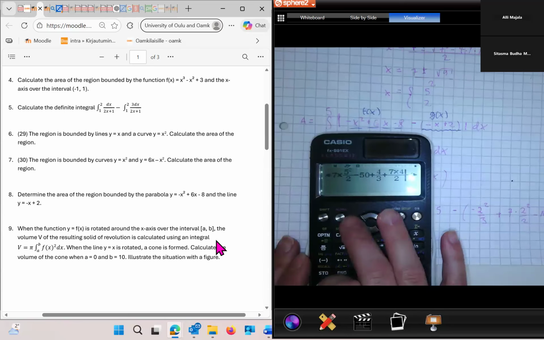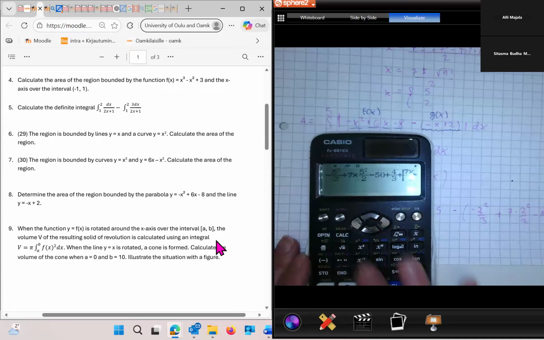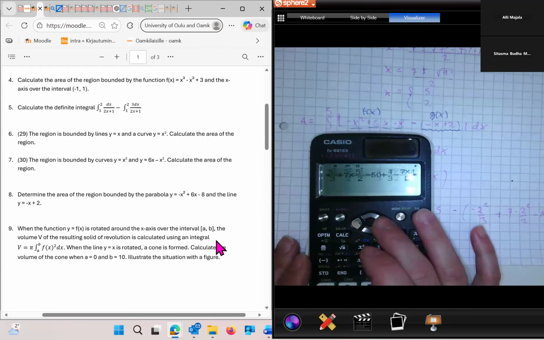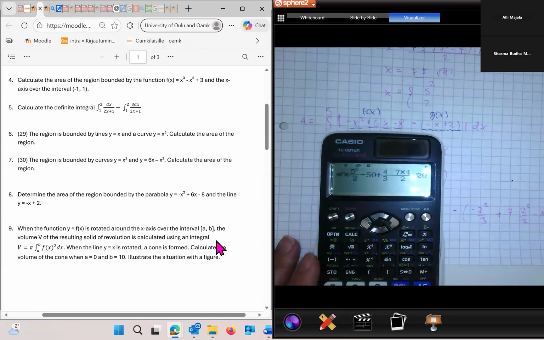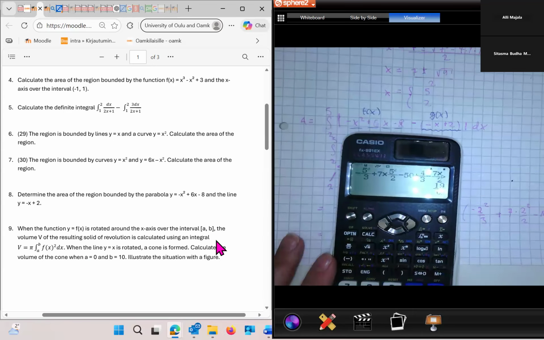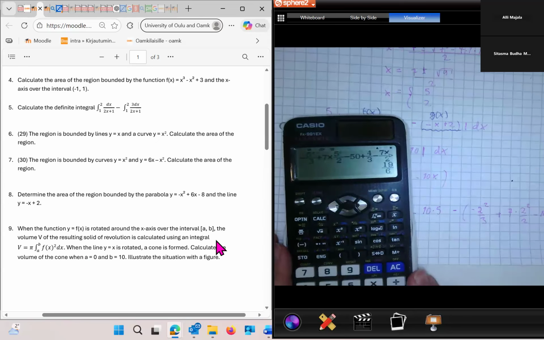I should have put the brackets. I have to go and change that. Minus. And here I get a plus. I can hope for the best. Oh, but is this true? I got something different the last time.